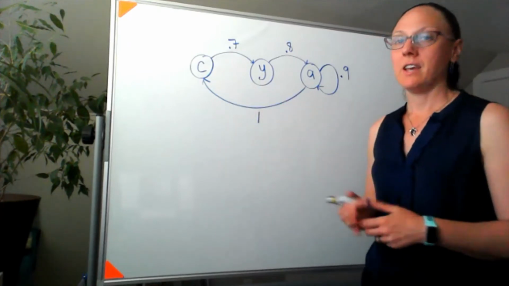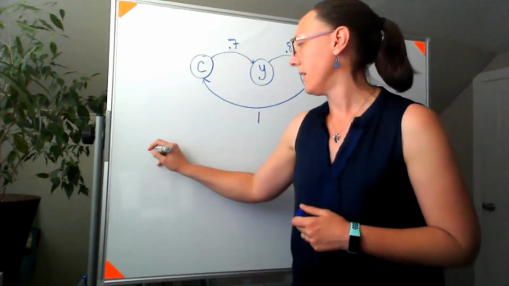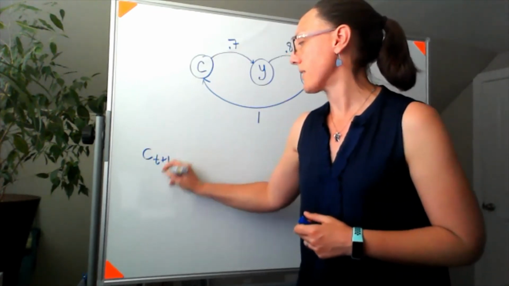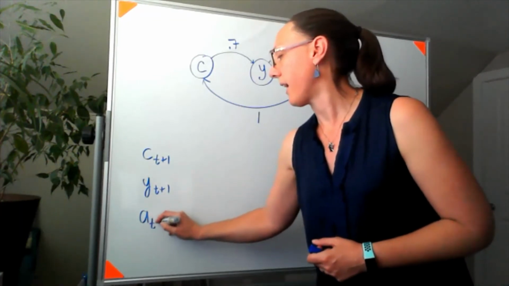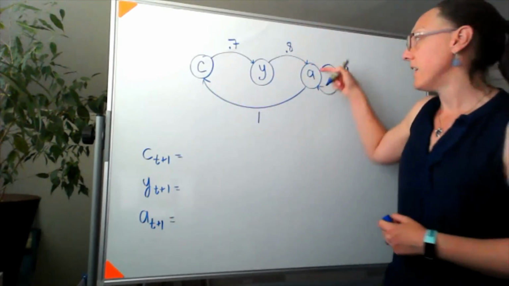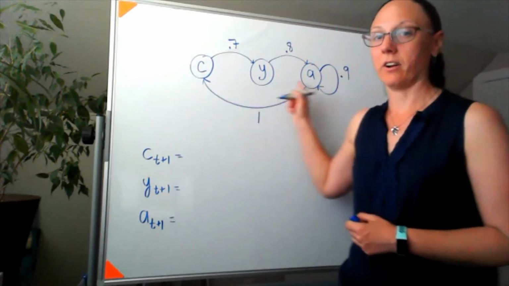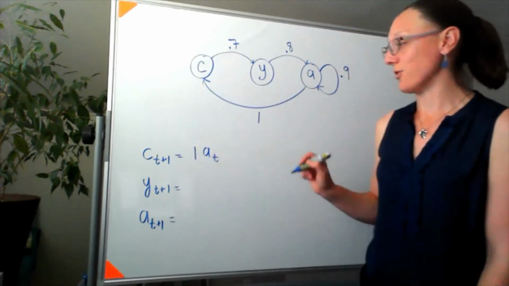So if I take this and I were to write this as a system of difference equations, we'd have our C sub t plus 1, our Y sub t plus 1, and our A sub t plus 1. Now for our calves, that's only getting fed into by our adults. So I'd have 1 times our adults.